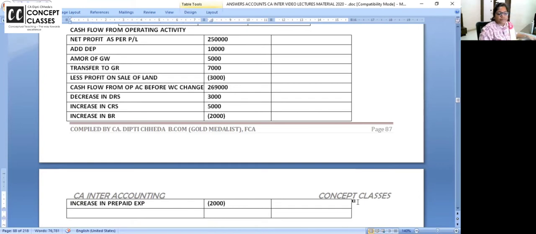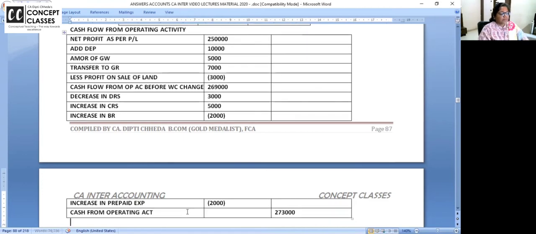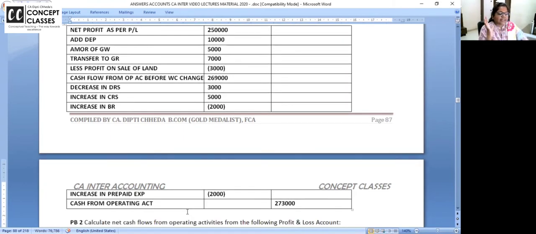That too normal. It can be in bracket. Can I call this as cash from operating activities? Cash from operating activities, 2,73,000.